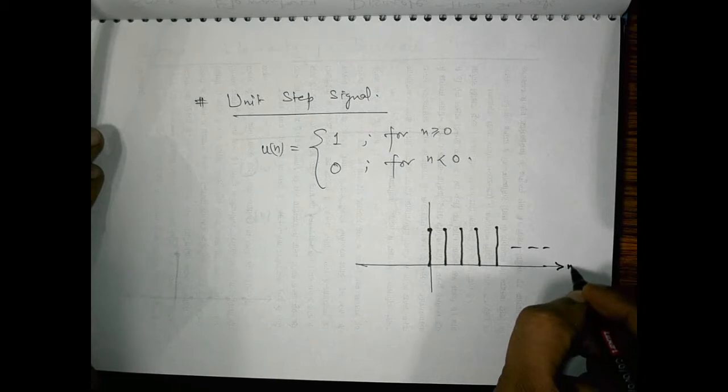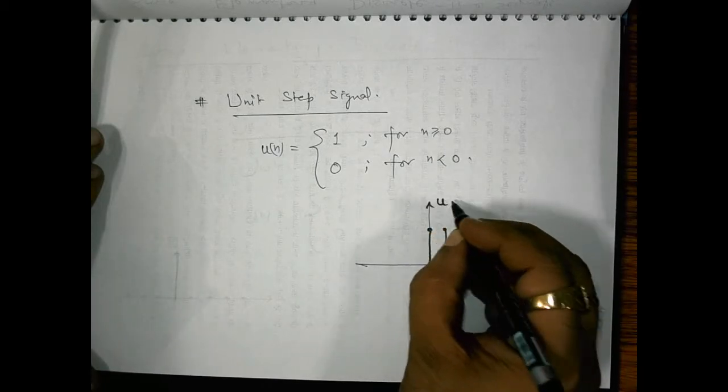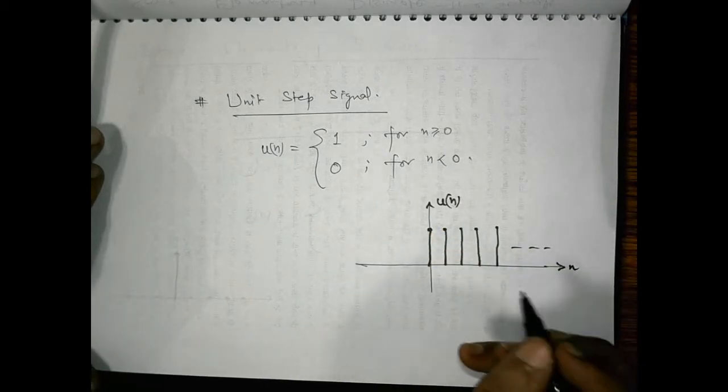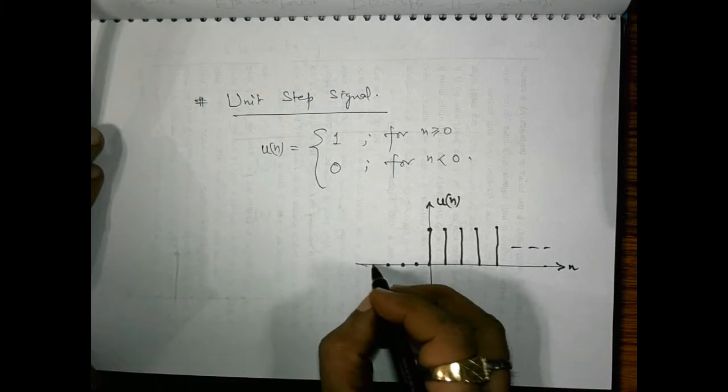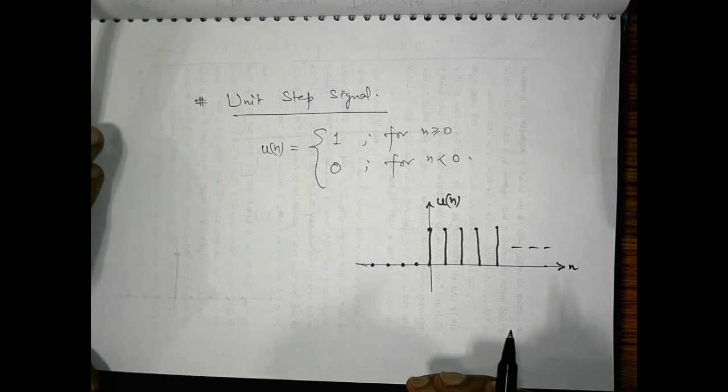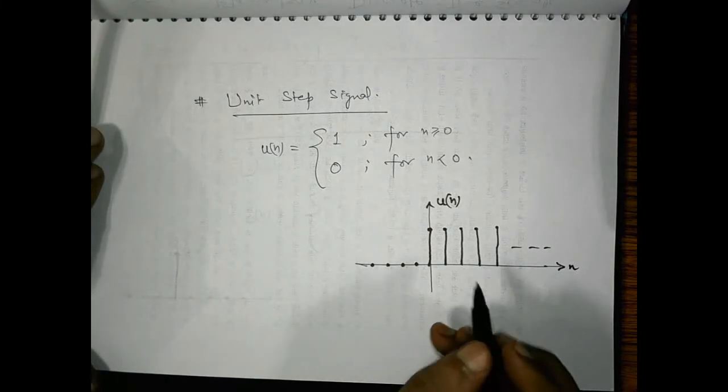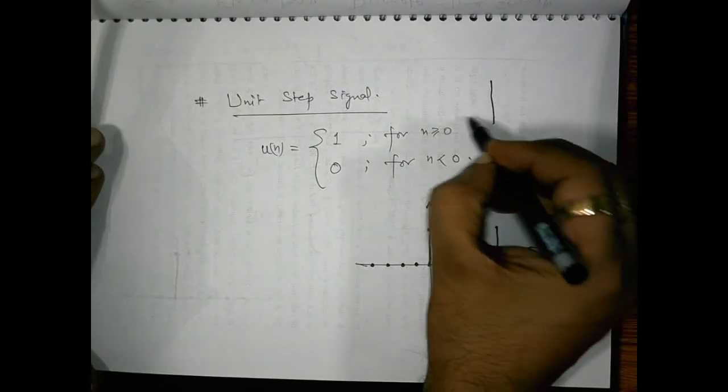This is n and this is u[n], and at n less than 0 it is having value 0. As we have seen, this was the impulse signal.